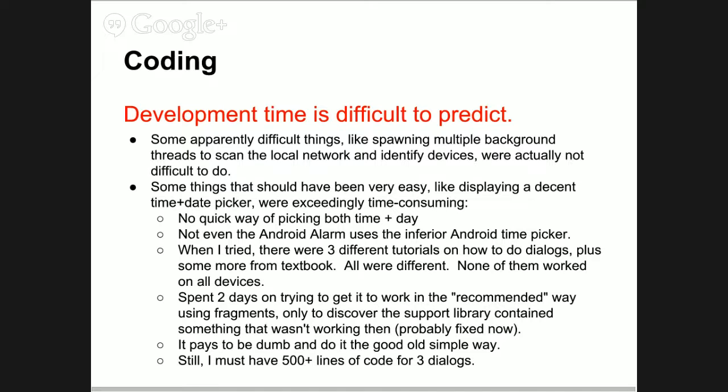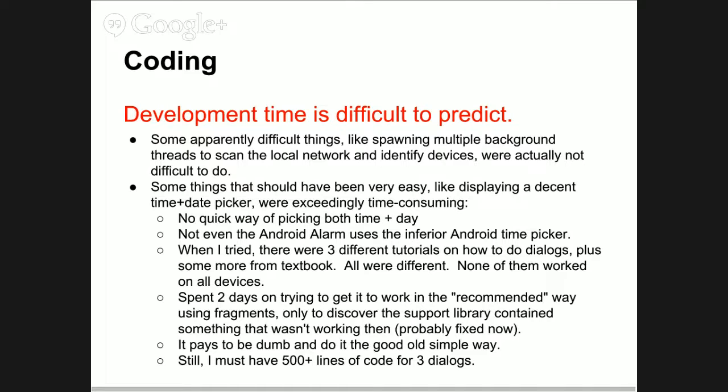I remember there was one day, I mean, 3 days in which I was trying to implement dialogues, and I was trying the new fragment approach, and it worked perfectly on newer phones. And then I was using the compatibility library for older phones. And the Android compatibility library worked fine for old phones, but then some parts of it collided with some other thing I was trying to do.